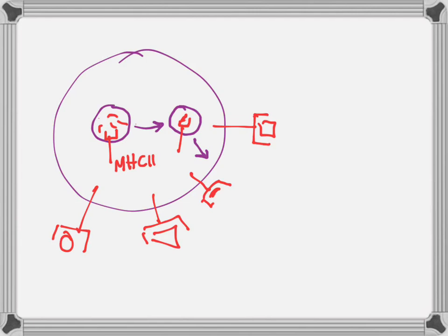And each of those epitopes has the ability to activate a different T cell. So MHC2 presents pathogens that are brought in and broken down in the phagolysosome. Oftentimes we find that MHC2 will present bacterial and viral components, primarily bacterial and viral components.